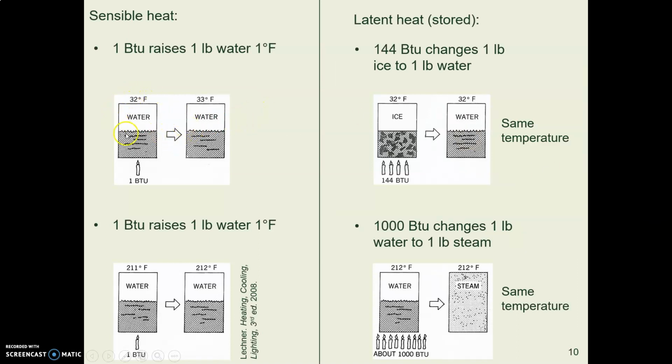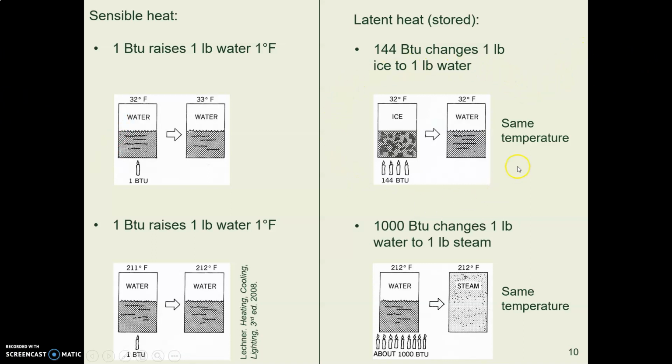So looking in the upper left here, it takes 1 BTU to raise 1 pound of water 1 degree Fahrenheit, as we discussed earlier. So here it's 32-degree water, almost freezing. To raise it to 33 takes 1 BTU.